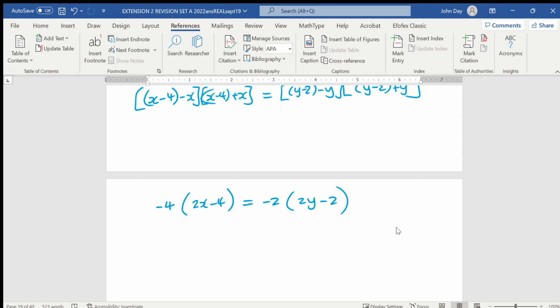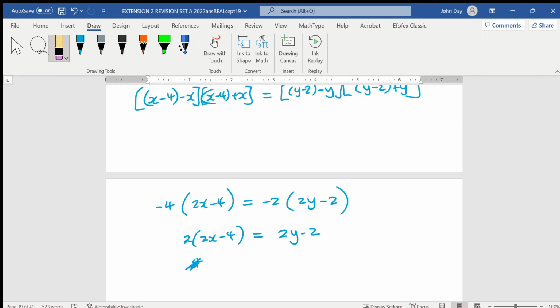Okay, so if I divide both sides by minus 2, I get 2x minus 4 equals 2y minus 2. Actually, divide both sides by 2 again would work, and get 2x minus 4 equals y minus 1.